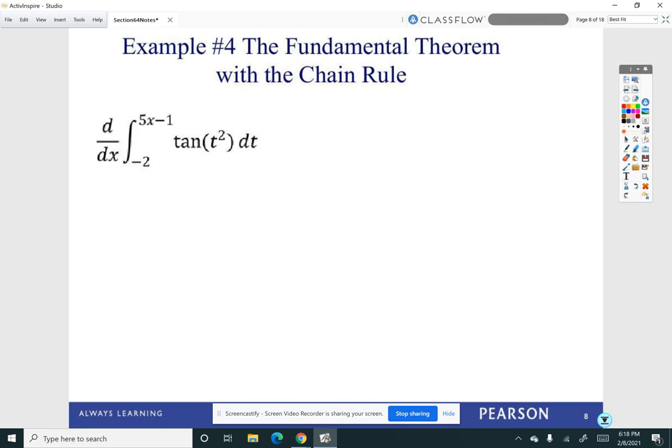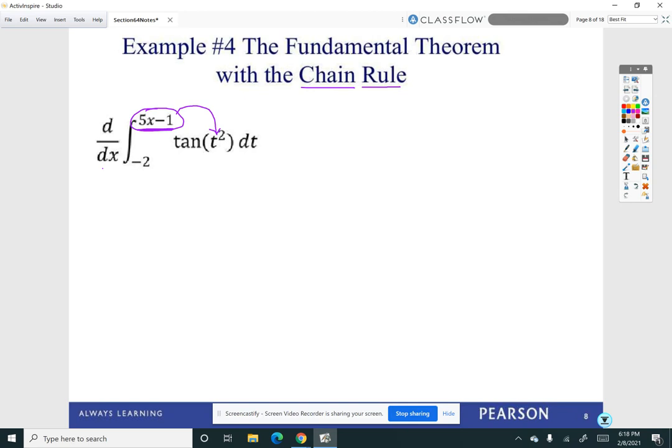So let's try another one of those, recognizing that, hey, I'm taking the derivative of an integral. Those are inverses of each other, so they are going to cancel each other out. And I'm going to be substituting this in for the t. But because this upper limit isn't just an x, I'm going to be applying the chain rule. That's like the derivative of the inside function.